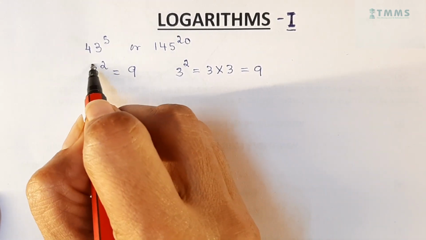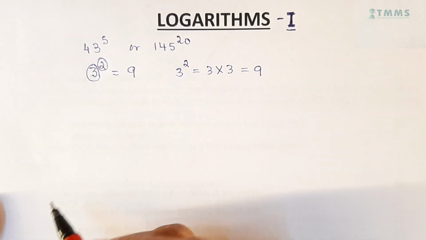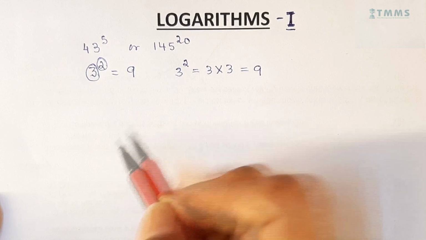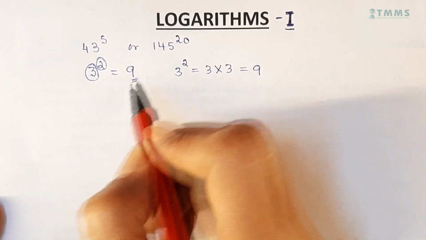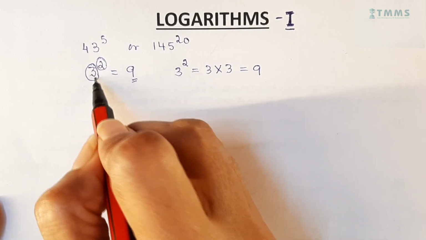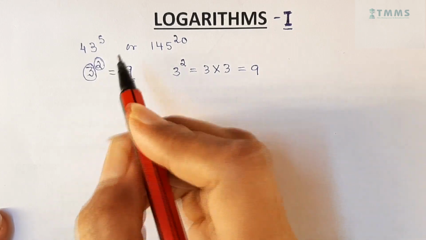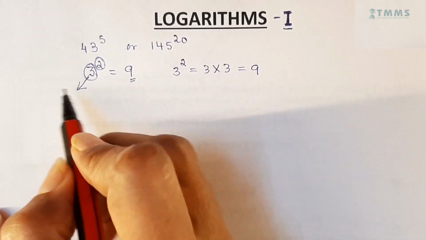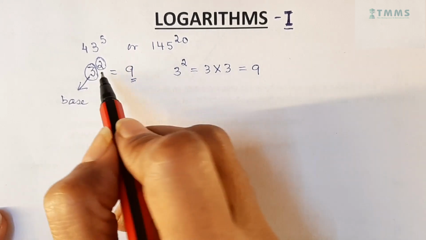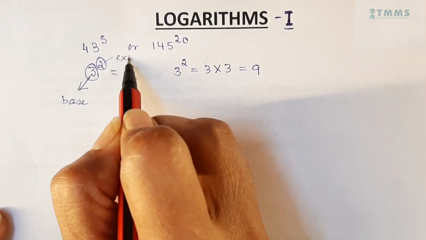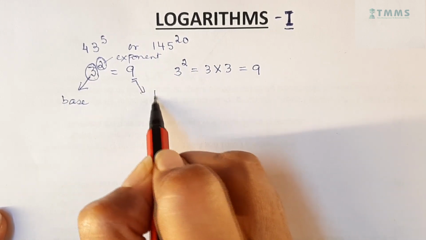Now, 3 is the base. 2 is the index or the exponent and 9 is the power. So we have 9, which is the second power of 3. If we look at the relations, our terms are here. 3 is the base, 2 is the exponent and 9 is the power.